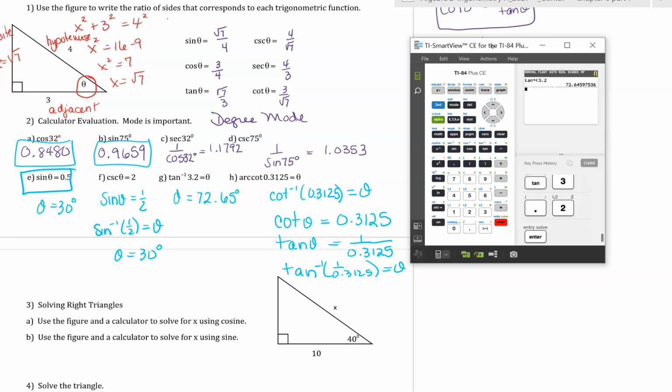Arc cotangent is inverse cotangent. So you could call this the cotangent of theta is 0.3125, but we know that the cotangent of theta is 1 over the tangent of theta. So if the cotangent of theta is 0.3125, the tangent of theta is 1 divided by 0.3125. So we'll say inverse tangent of 1 divided by 0.3125.